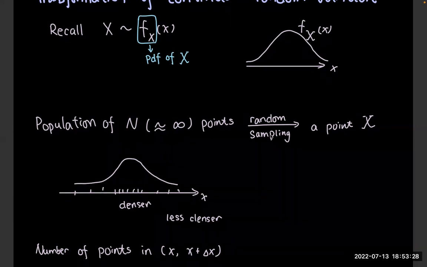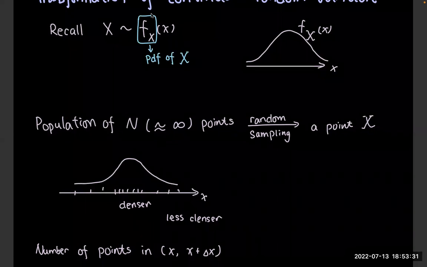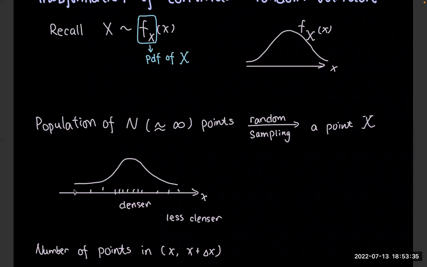And then random sampling, so sampling x from this density, just means that you randomly sample a person from this population, or randomly sample a point from this cloud of points. And then you get a point, and you look at where the point is. So that will be your capital X. So this is a more intuitive way to think about sampling the variable X from a density function.